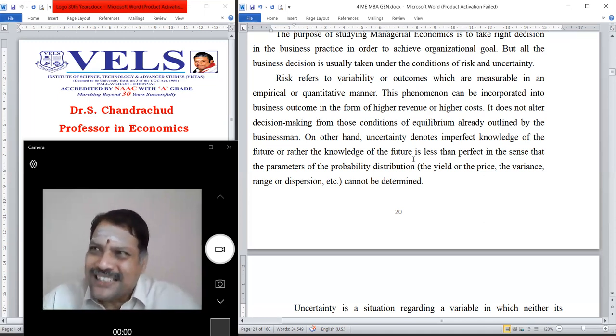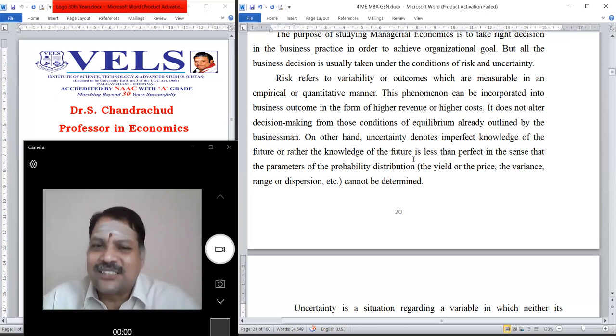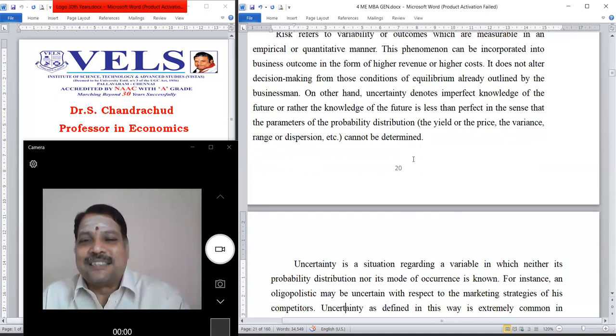So many statistical tools like variance, dispersion, central tendency can be used in order to project that. But actually, it is uncertain. We don't have perfect knowledge about what will be tomorrow or the day after. So that is why this particular concept gains its importance.